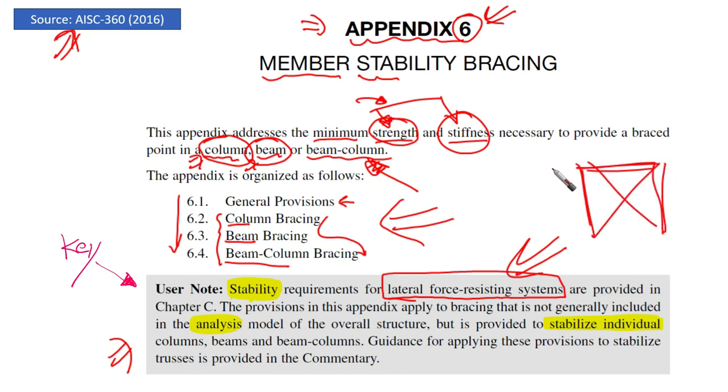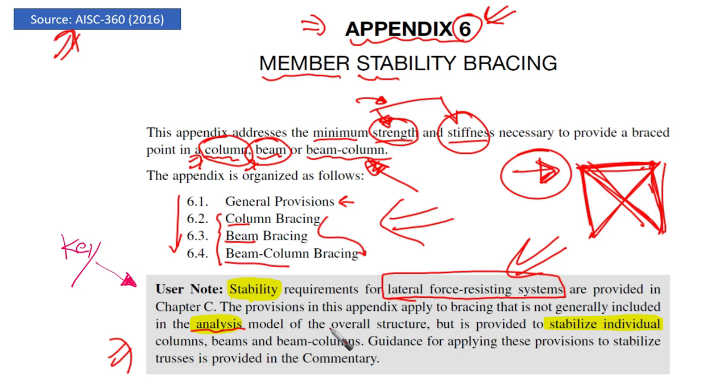One bracing is going to resist lateral loads; we call this the lateral force resisting system. This is provided in Chapter C. And the provisions in this appendix apply to bracing that is not generally included in the analysis. So for this bracing, whenever we have lateral loading coming from earthquake or wind or whatever the lateral load type is, we are going to design it based on the forces that are being applied.